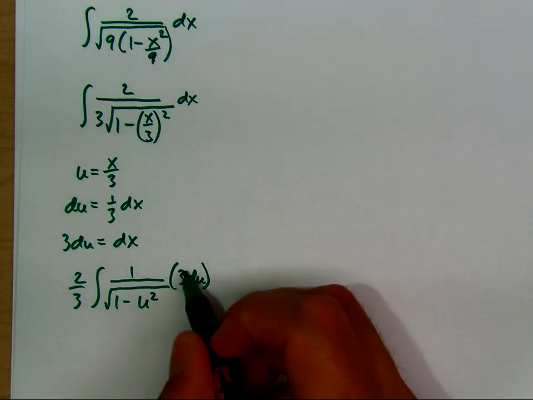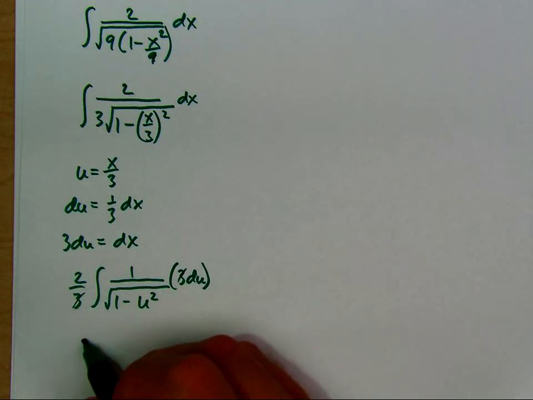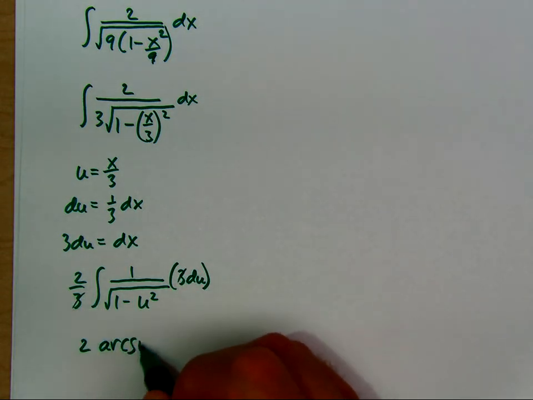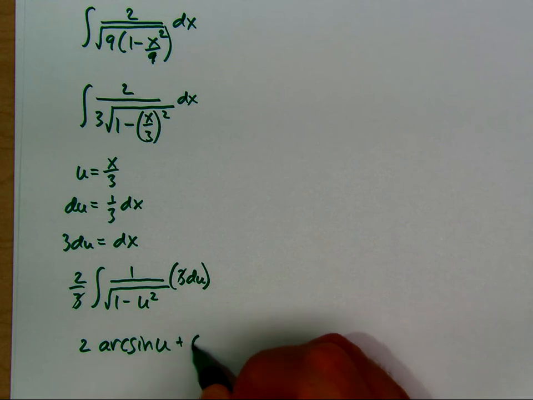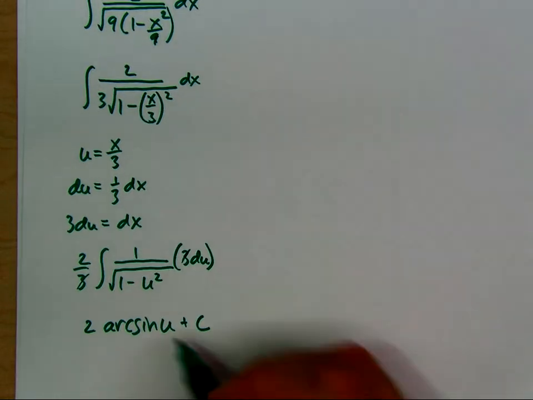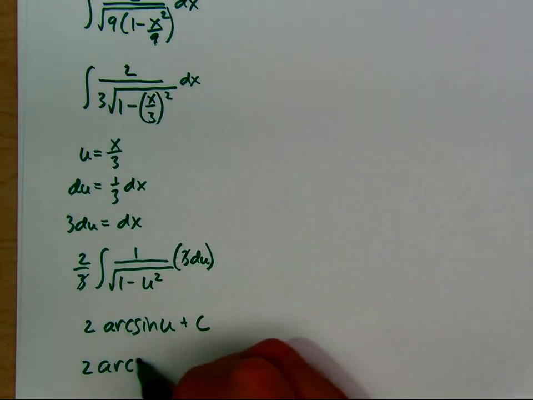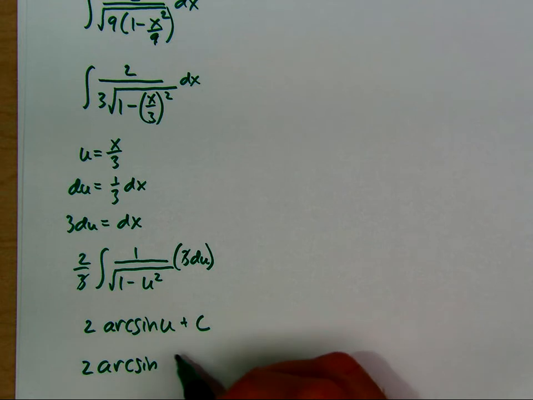So now we cancel the 3, we have 2 arcsine u plus C, and then we substitute for u. u is x over 3.